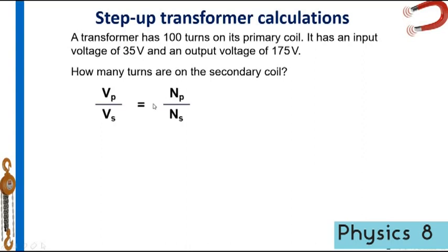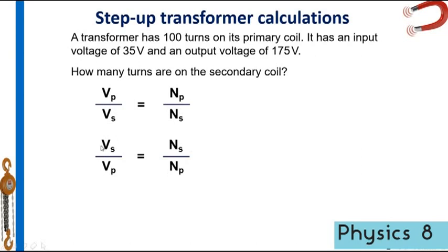We would use the expression that the voltage in the primary side divided by the voltage in the secondary side is equal to the number of coils on the primary side divided by the number of coils on the secondary side. So if we substitute what we have in terms of the expression, we can actually rearrange this expression in this way.